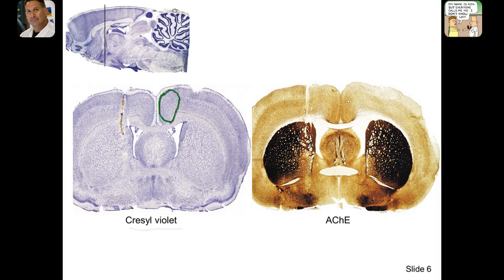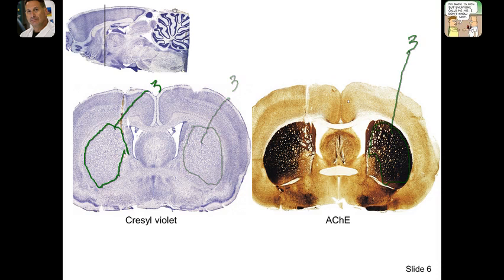So we have our cingulate cortex. We have the cingulum, which is a little difficult to see, but it's a white matter that's right here. The caudate nucleus, also called the striatum. Lateral ventricle.